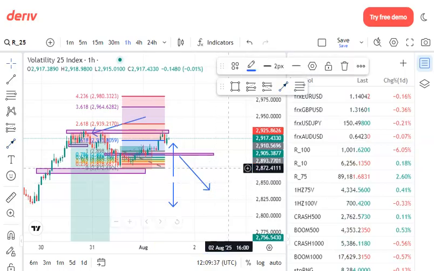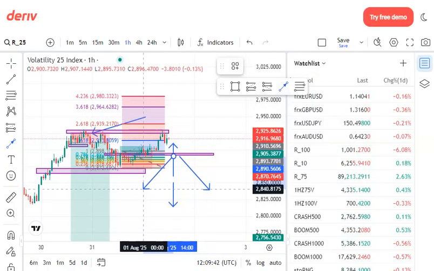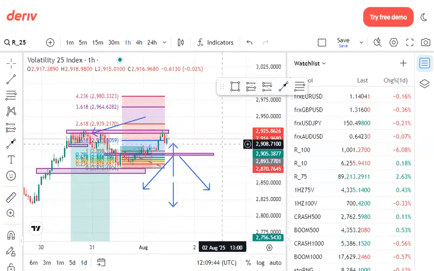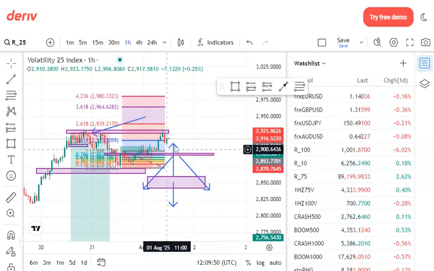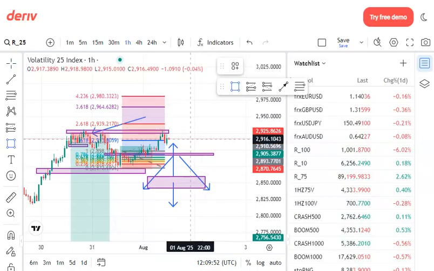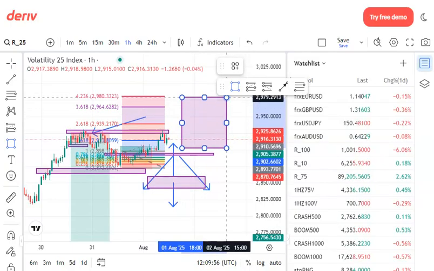So let's call this a human being. I'll just make this from this explanation. This is a human being, this is his head, this is his waist, and this is his whole body. This point here can give you more ratios, which are 168%, 261.8, 361.8.